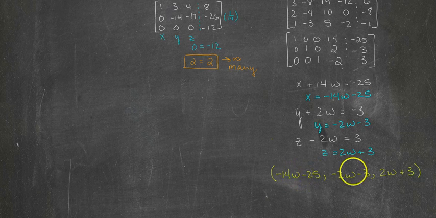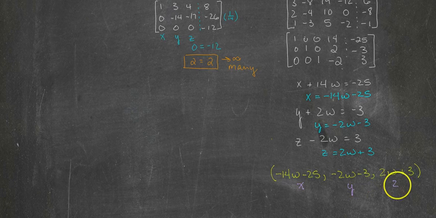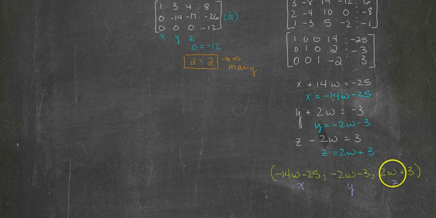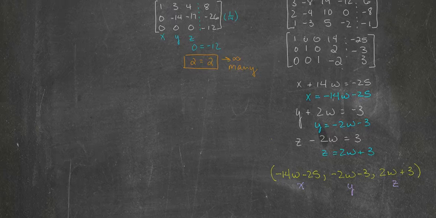And so each of my ordinates, this would be x, this would be y, and this would be z, each of them is dependent on what I choose for W. If I choose 2 to be W, then I'm going to get one set of X, Y, Z triplets. If I choose -9 to be W, I'm going to get another set of X, Y, Z. Since I can choose any value for W as long as it's the same value in each of the ordinates, then I have infinitely many solutions. And so that is another version of parameterized solutions to a system of equations.